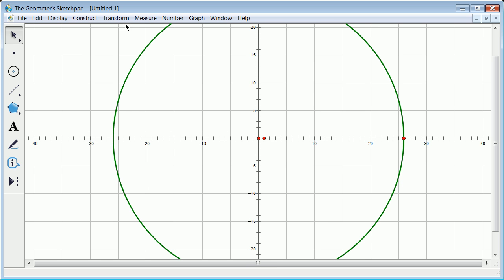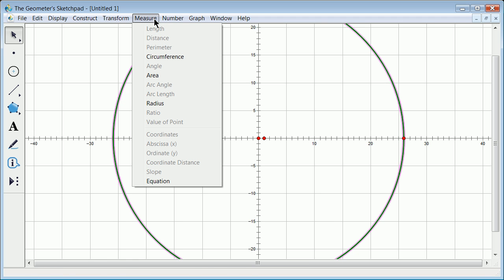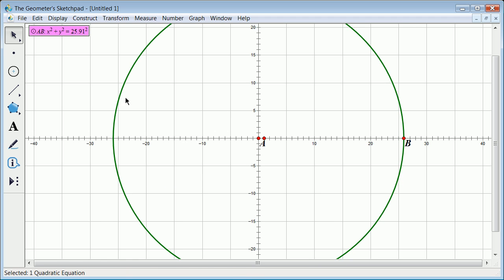Okay, what I love about this program is I can grab on something and then give the equation. So you remember I talked about the equation x squared plus y squared equaling r squared.